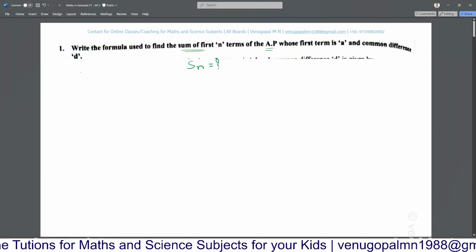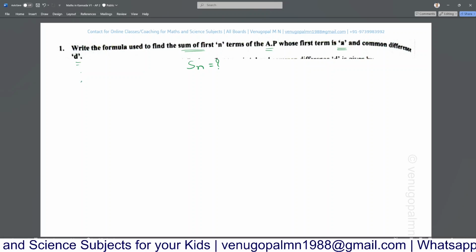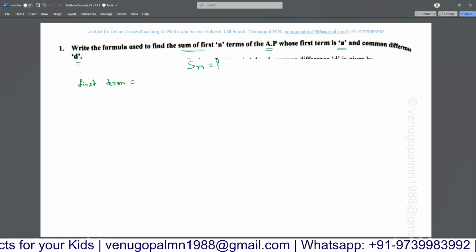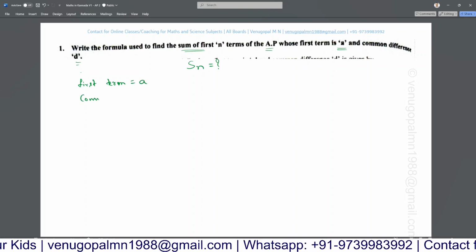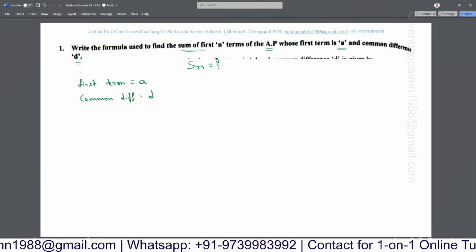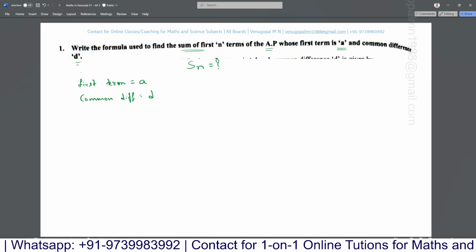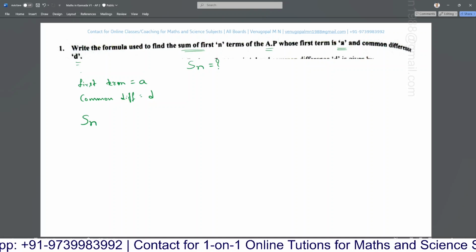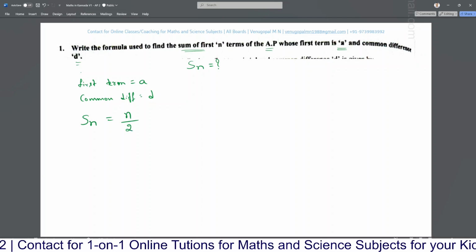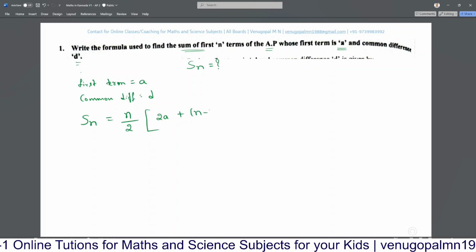They are saying the first term of an AP is a and the common difference is d. So first term is equal to a and common difference is equal to d. If you are aware of or recap the formula, it goes something like this. S of n, which is nothing but the sum of first n terms, is equal to n divided by 2 into 2a plus n minus 1 into d.